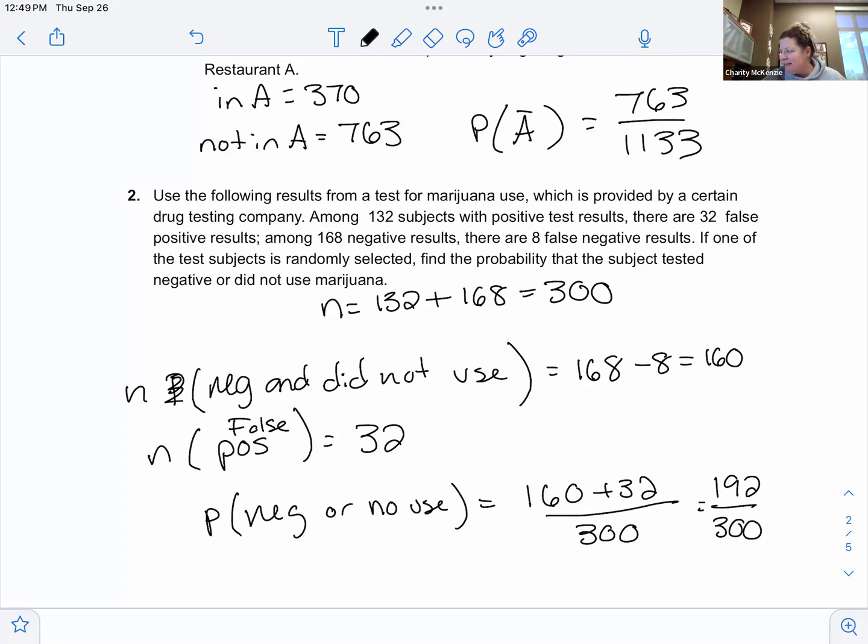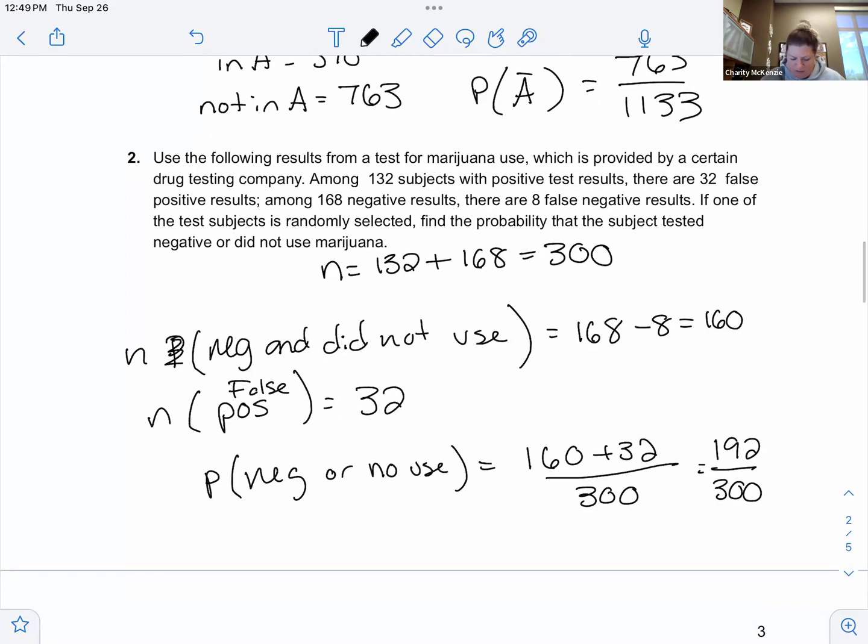So I got 64%. Now, this could have been read as just people who tested negative and who didn't use. I read it as they didn't use it at all. So be careful how they word that. It could slightly change, and it changes what they're asking for.